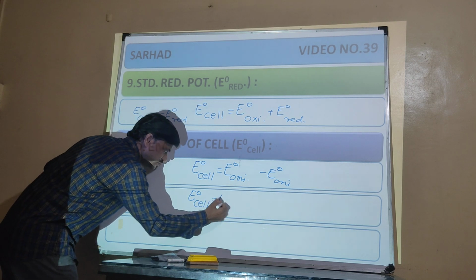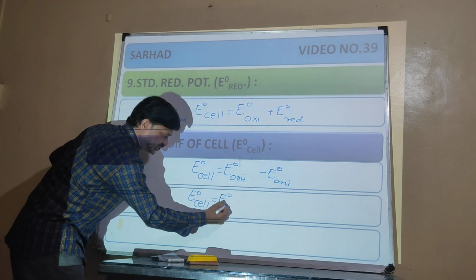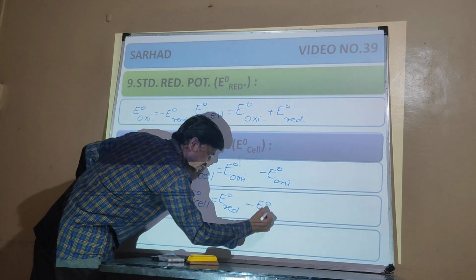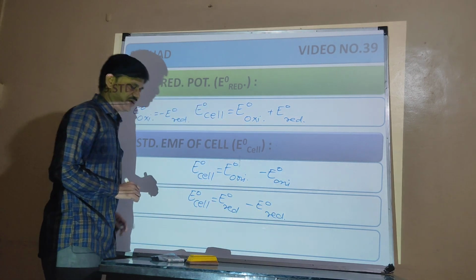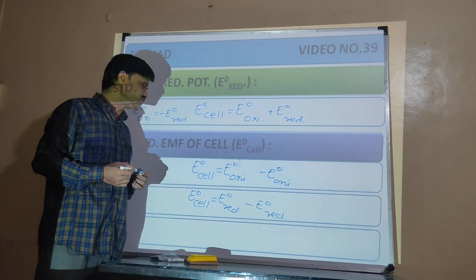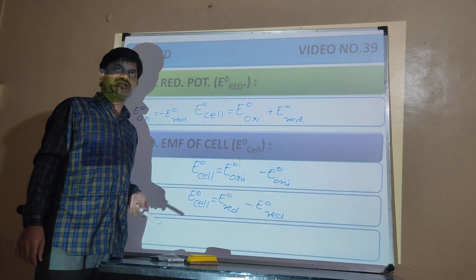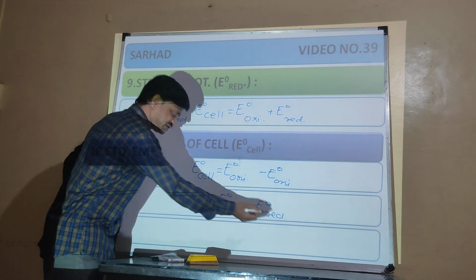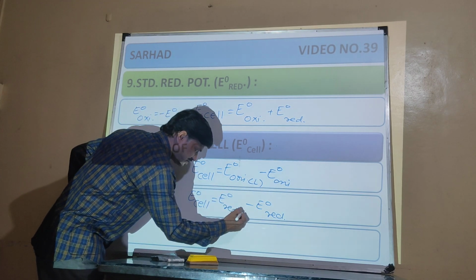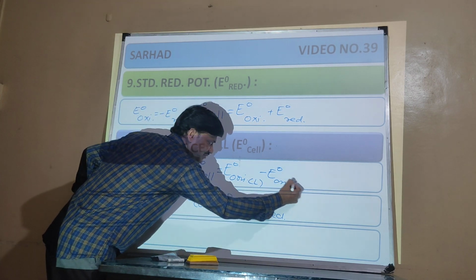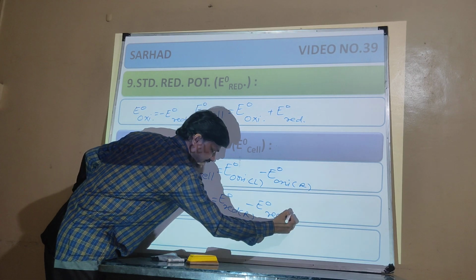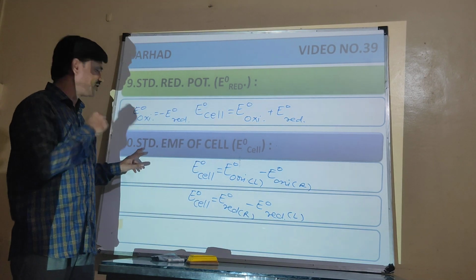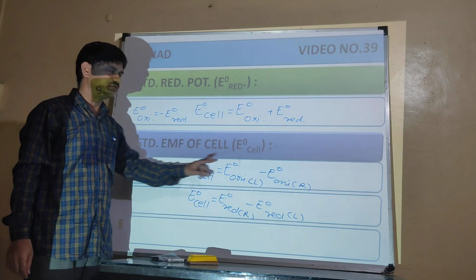E cell 0, whenever reduction potential is given: E0 reduction right hand side minus E0 reduction left hand side. So for E0 oxidation, LHS, RHS; for E0 reduction, RHS, LHS. Try to remember this. Try to remember the last important definition, standard EMF of the cell.